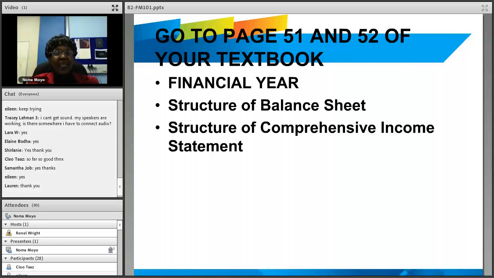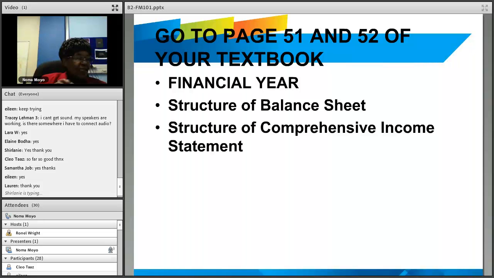Let's go to pages 51 and 52 of your textbook and see how our balance sheet looks. There is an error on page 51.